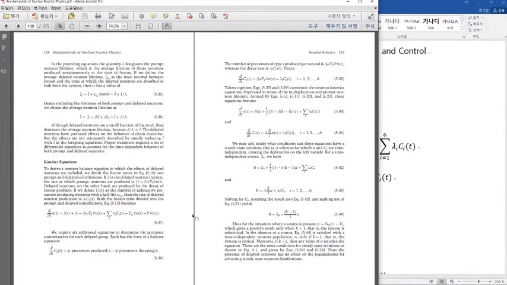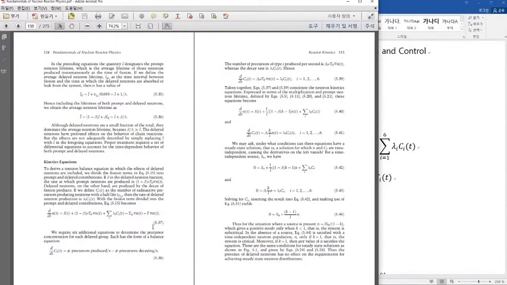So by including the delayed neutrons, we developed the kinetic equations. So the change of neutron density is given by, the plus parts are external source, prompt neutrons and delayed neutrons. And minus parts will be absorption and leakage.